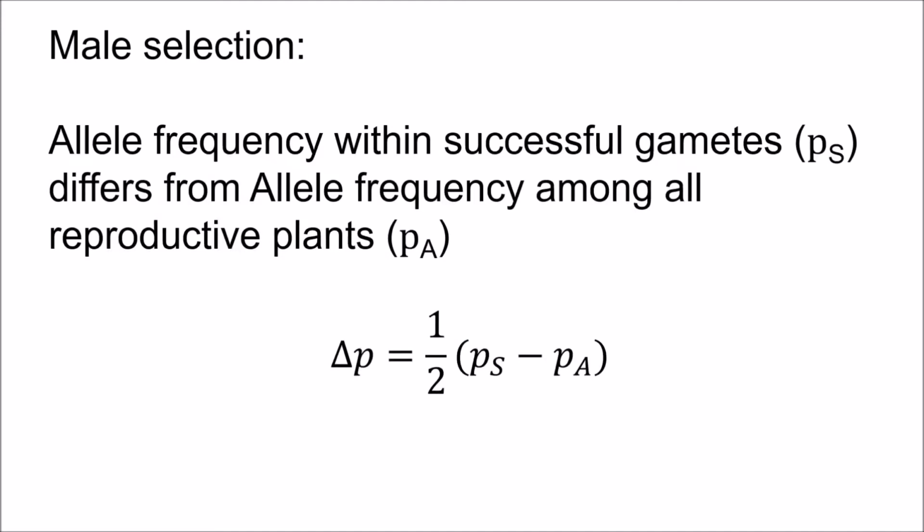If there is no differential male success at a particular locus, then P sub S should equal P sub A. There should be no difference, and predicted delta P is again 0. Whereas if a locus affects male success, the favorable allele might be elevated in seeds relative to what you'd expect based on the frequency of the allele in all potential males, and this would produce a positive delta P.